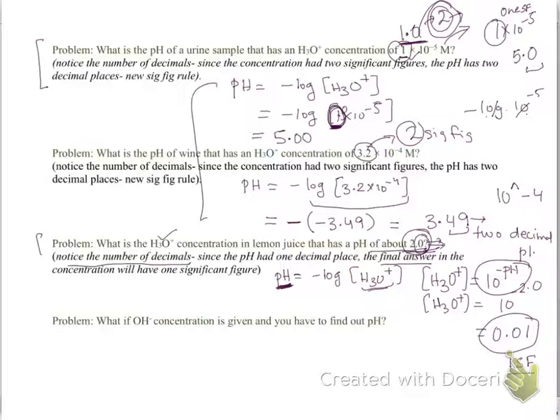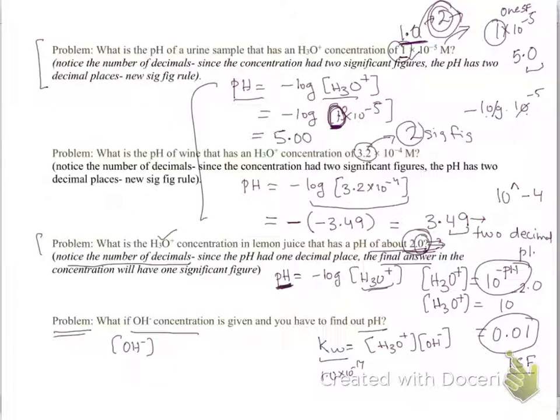Now this is not really a question, but what if you have to find the OH negative concentration if you are given pH? Because pH is related to hydronium ion concentration. On the last slide, we learned the formula Kw equals H3O plus times OH negative, and we know Kw is constant.